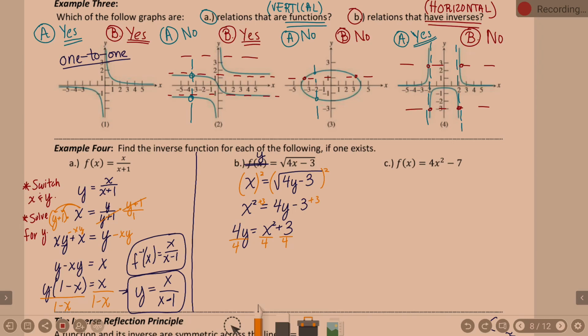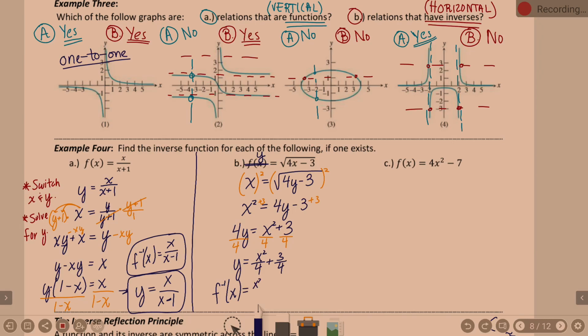So, either way, I could write this as y equals x squared over 4 plus 3 over 4. Or you could write it as x squared plus 3 all over 4. Okay? Officially, the y equals is the same as saying f inverse equals.